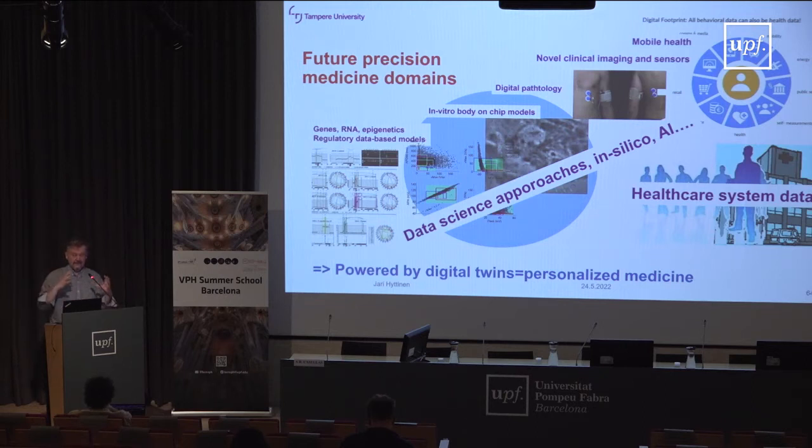But in vitro, body on chip, and computational models, I think those are going to be part of this whole business. How much they will be in basic research, that is going to be now. I'm quite sure there'll be a big role in drug studies and understanding of diseases. How much those are really part of the clinical pipeline, I doubt, but maybe in certain cases, yes.